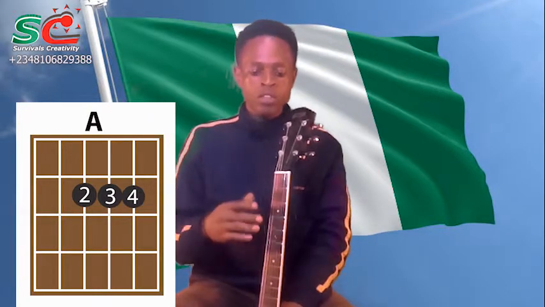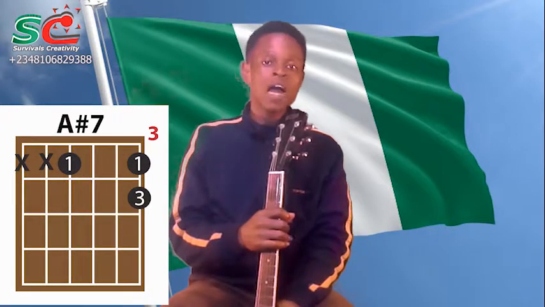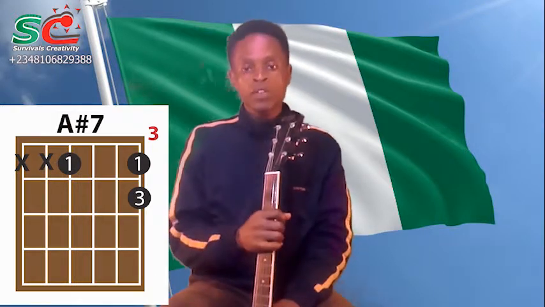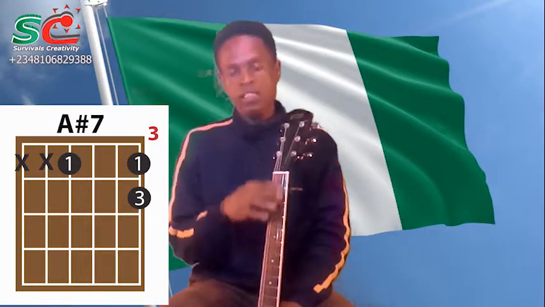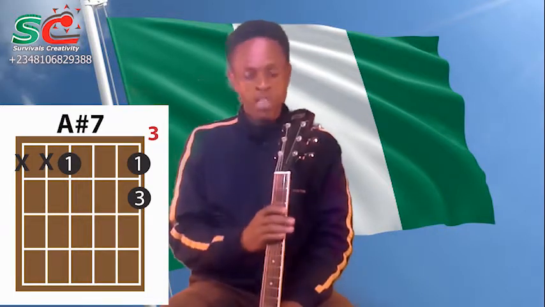So again, another thing you need to know about the chord diagram is that you also notice some chords have numbers written just outside of the diagram. The number you are seeing there is simply telling you the fret at which the chord starts.